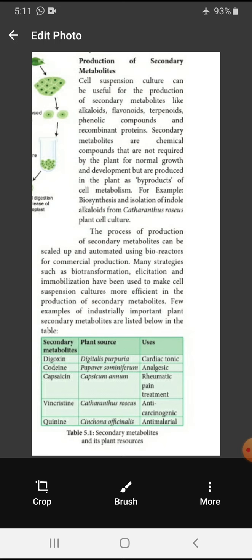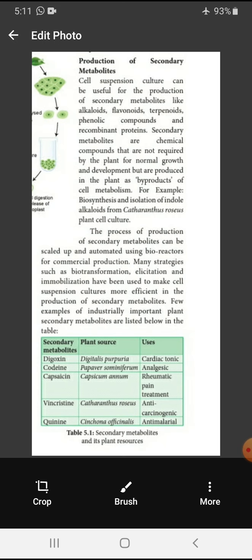So the secondary metabolites are nothing but chemical compounds that are not required by the plant for normal growth and development but are produced in the plant as byproducts. An example of a byproduct of Catharanthus roseus is indole alkaloids. It is isolated and used for several properties.